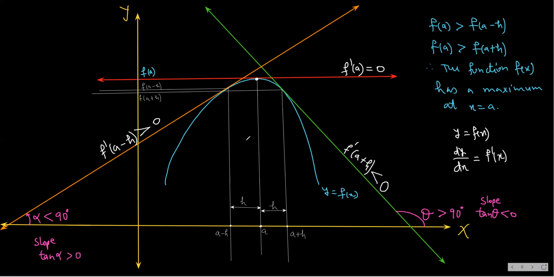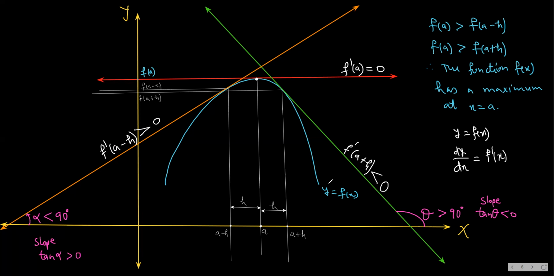So you all understand, students, that now we have the concept which we are going to use for solving problems. The function y equal to f of x has its maximum at a point where the first derivative is 0.